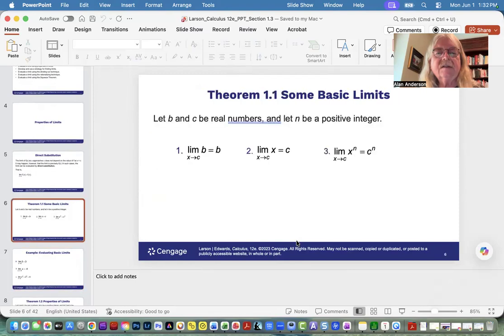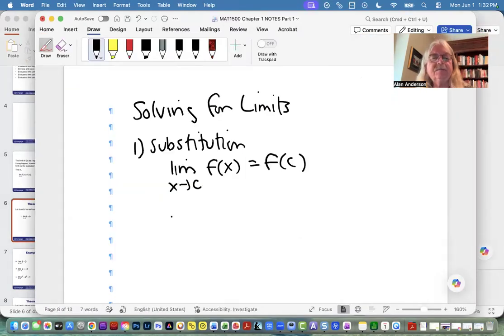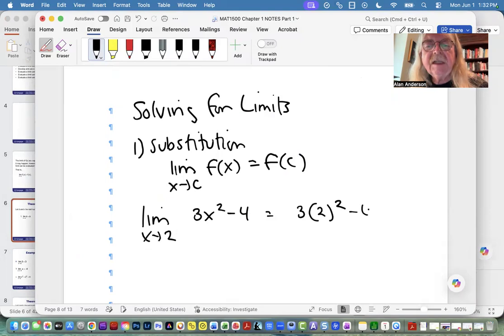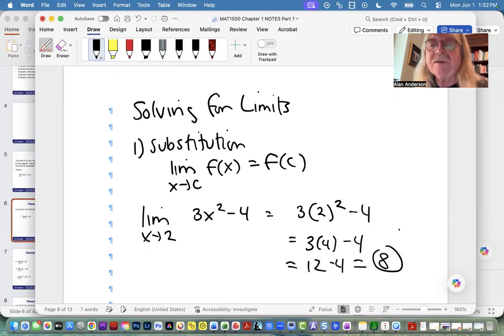Oh, look at those. I'd rather do some actual numbers. Let's try this. So in this case, it's direct substitution. That's all you need to do. Wow, that was easy.